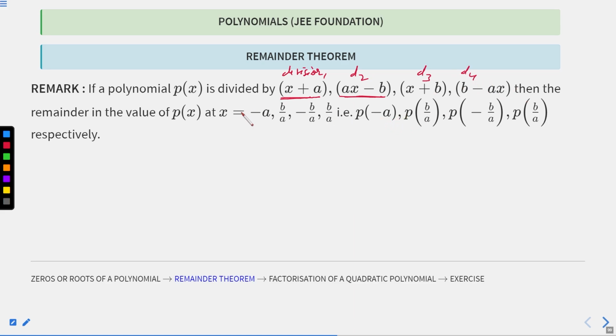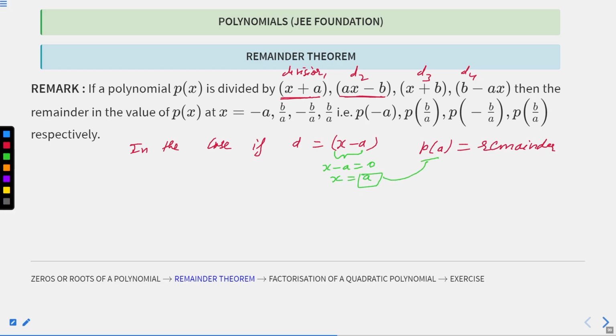If the divisor is equal to x minus a, then we know P of a is equal to the remainder. So if you put x minus a equal to 0, then x is equal to a. At this value, the polynomial gives me the value of the remainder.